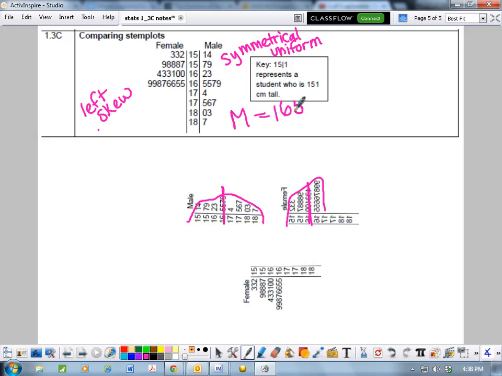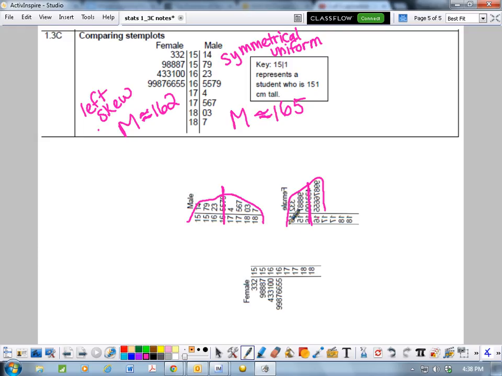So maybe like 165. And our median for females is going to be about the early 160s. So like 162. And again, I'm just estimating. You could actually go in and calculate that. But I'm giving an estimate, and if I'm giving an estimate, we want to make sure that we're saying approximately. So we get an idea of whose center is bigger. We're getting some comparisons. And then spread.